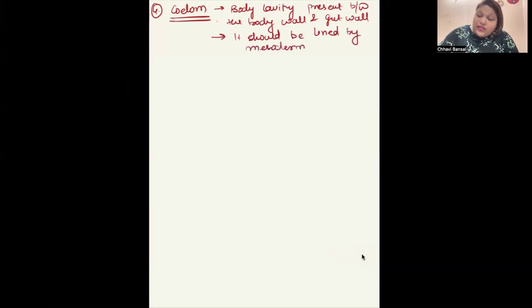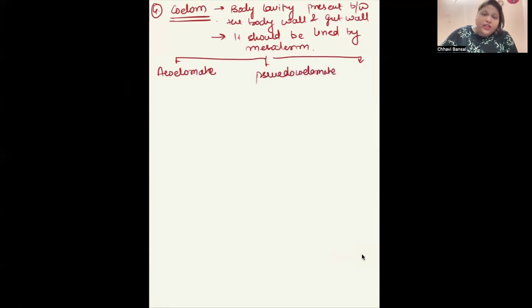From all the sides, it should be lined by mesoderm. That cavity is called coelom. Now, on the basis of presence or absence of coelom, the organism can be of three types: acoelomate, that does not have the coelom; pseudocoelomate, that has the coelom, but that is not true; and coelomate.